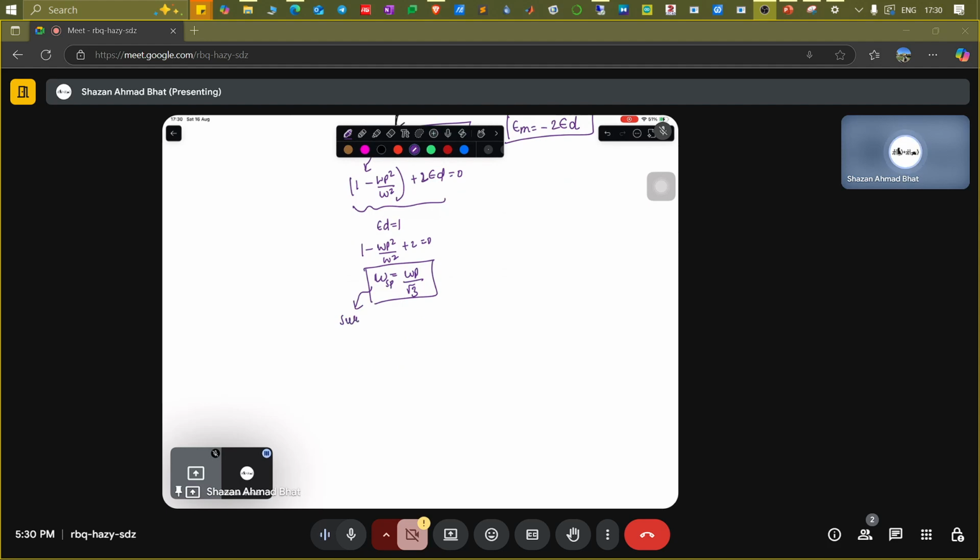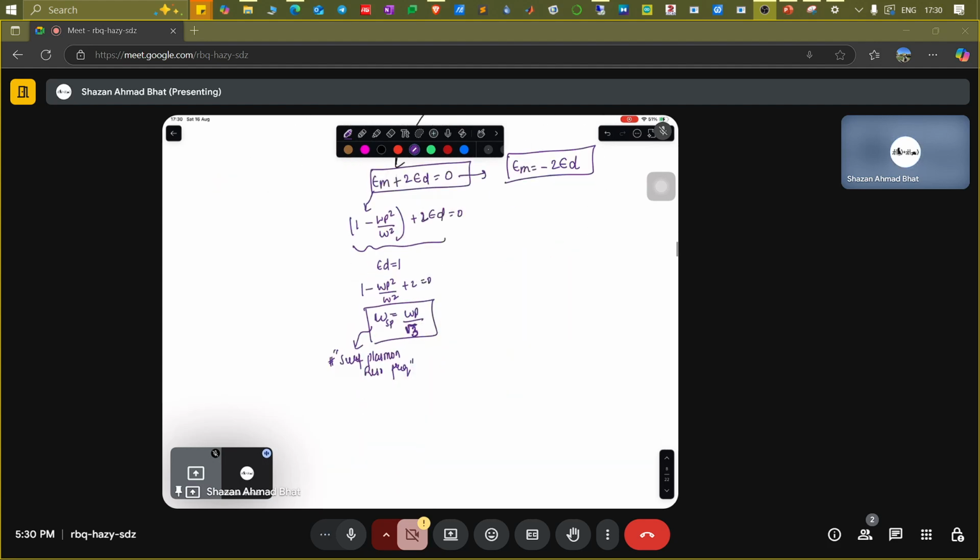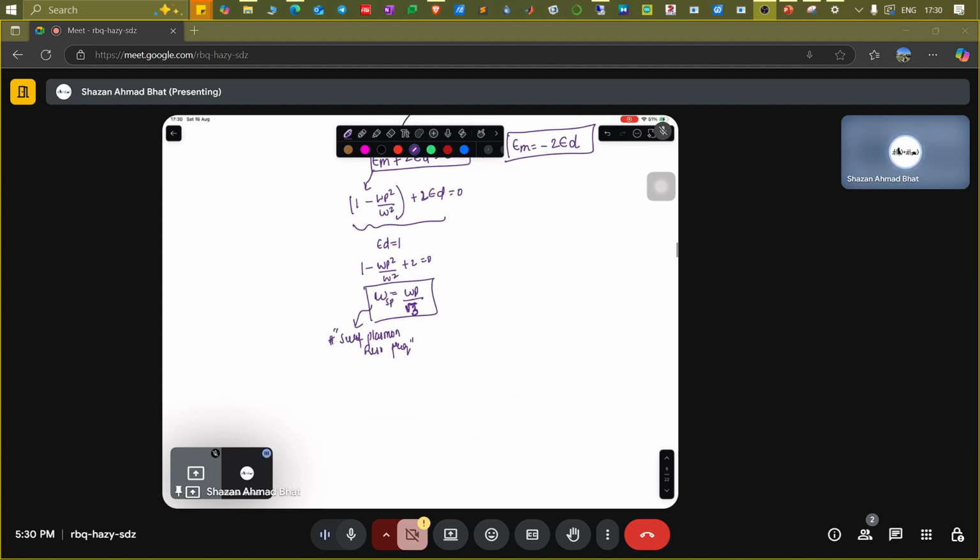So it is 1 divided by root 3 times the plasma frequency of the metal. So that is the condition for the surface plasmon to exist over this particular metallic sphere, the metallic nanoparticle we are talking about.